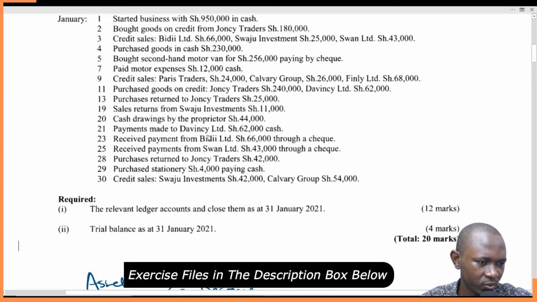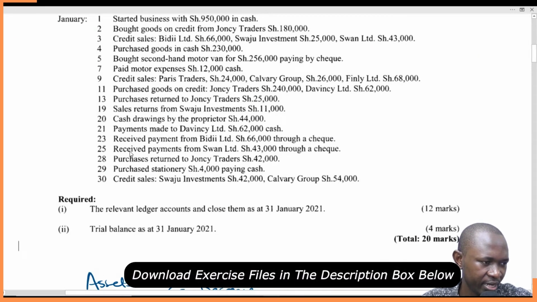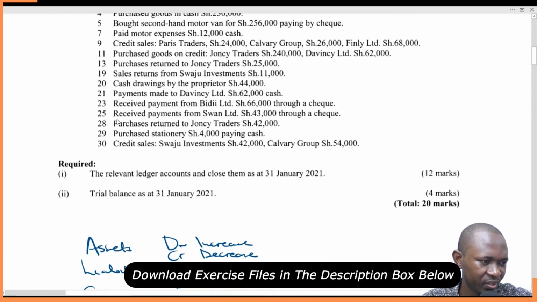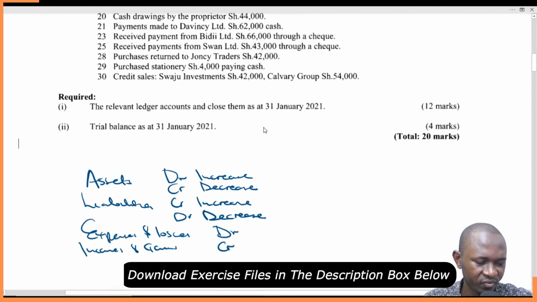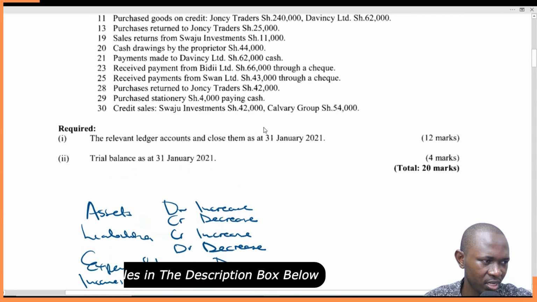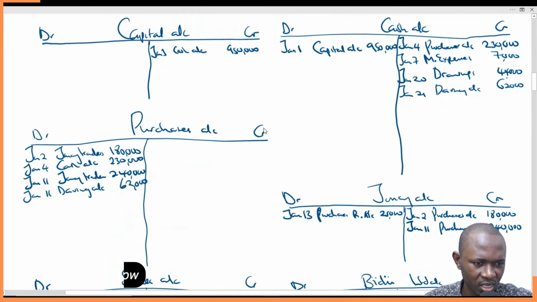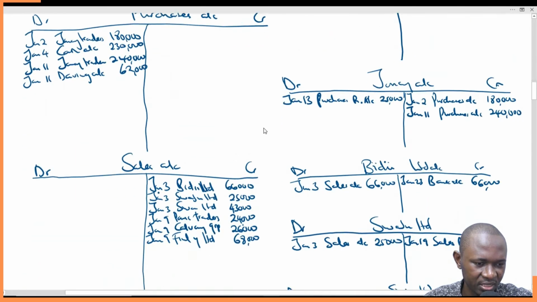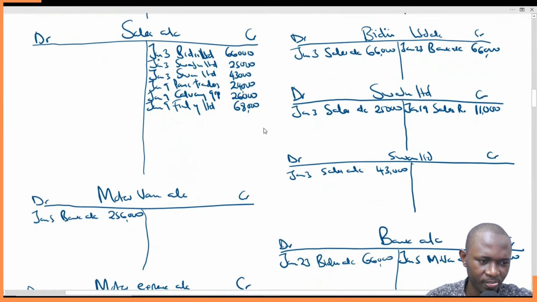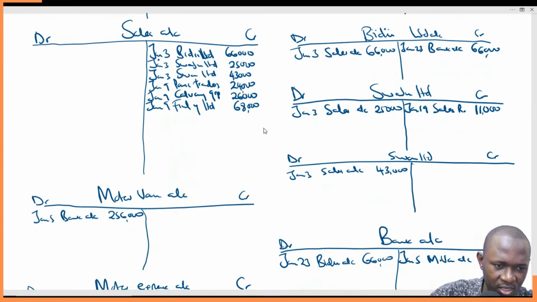Payments made to, no, that one we are done. We are now on 25th. Received payment from Swan Limited, 43,000 through a check. That is January 25th. So Swan Limited paid us.